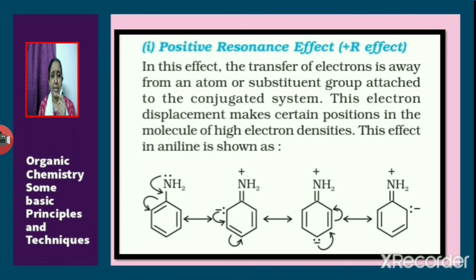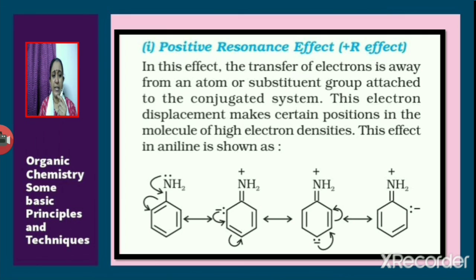Now consider the second structure shown here. We can show further movement of the electrons. The electron pair present at the ortho position will now move to the adjacent bond and make a double bond, as a result of which the pi electrons in the benzene ring get shifted to the para position. The para position as a result acquires a negative charge.